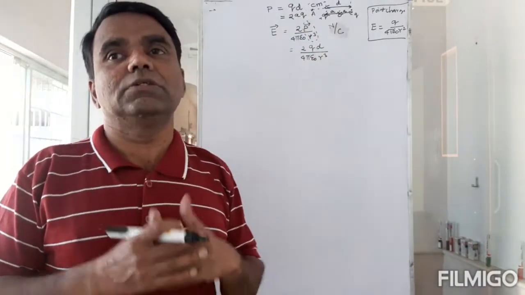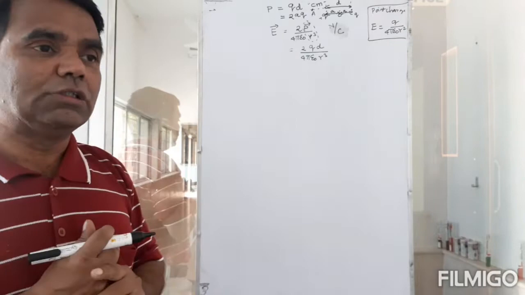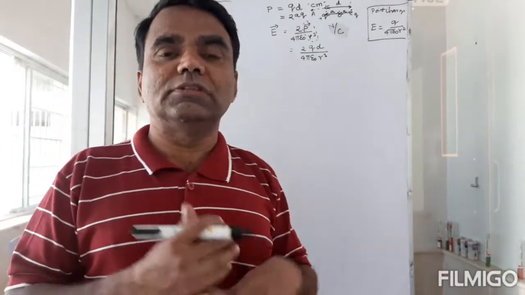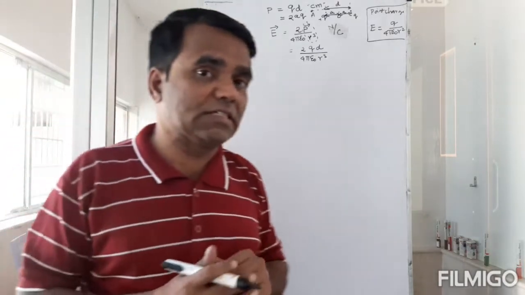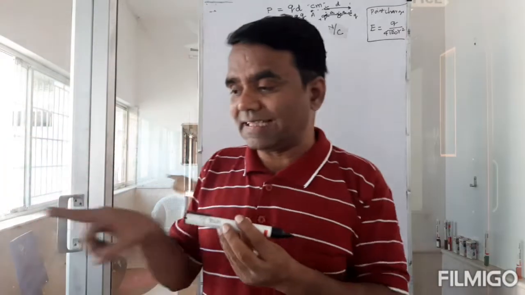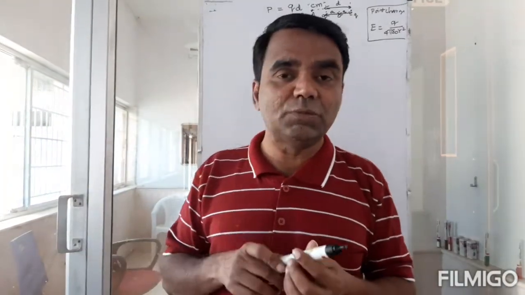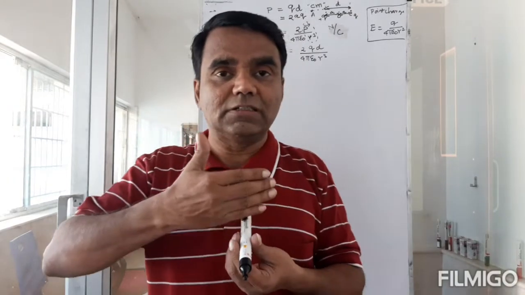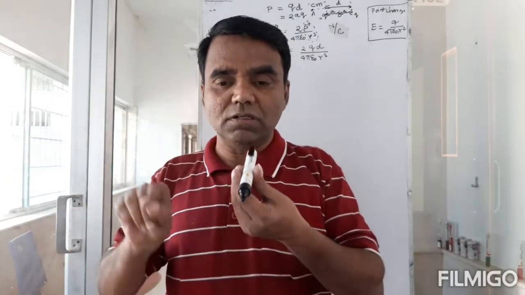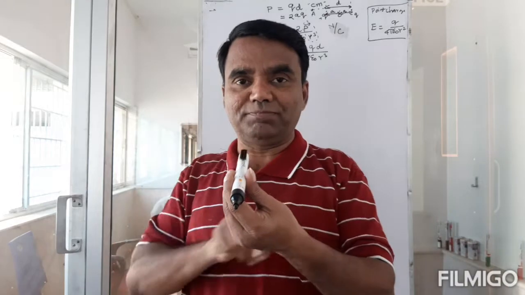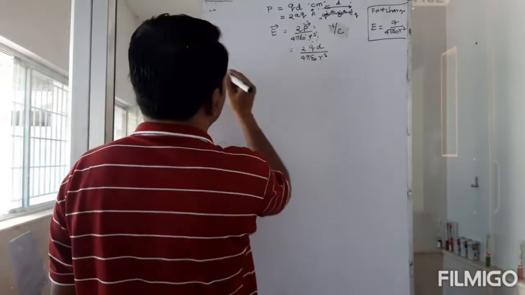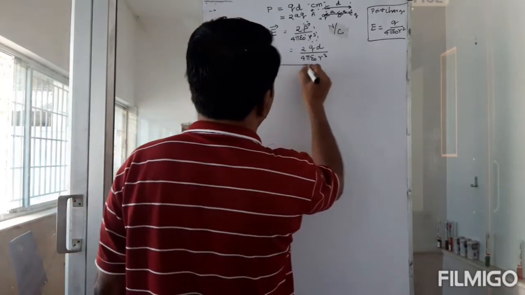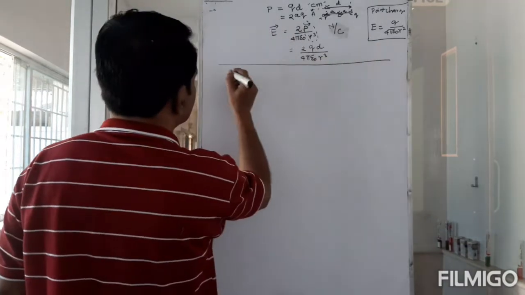Okay. So now let's move on to do a derivation for the other part. Remember, we talked about 2 things yesterday. One is electric field along the axial line, and the other was electric field at a point on the equatorial plane. So it's the second part I'm going to do now.